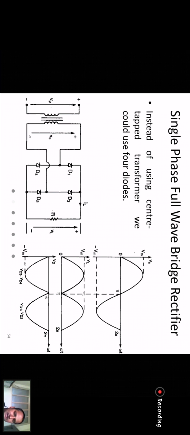Now when B is positive with respect to A, D3 and D4 will conduct together, and diodes D1 and D2 will be reverse biased.